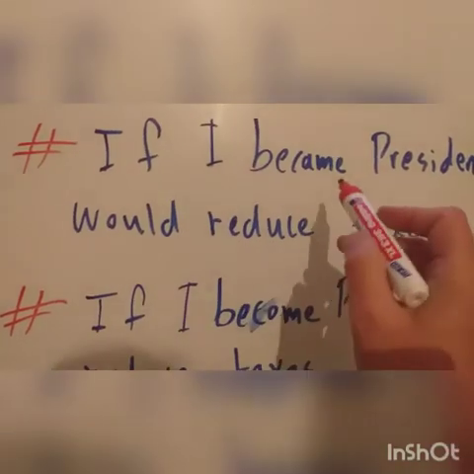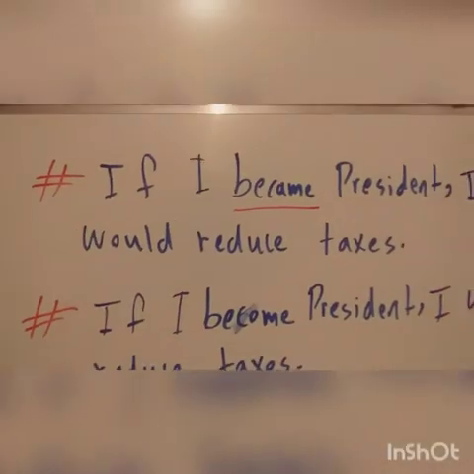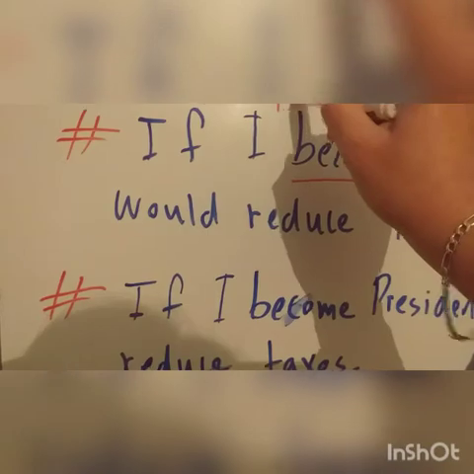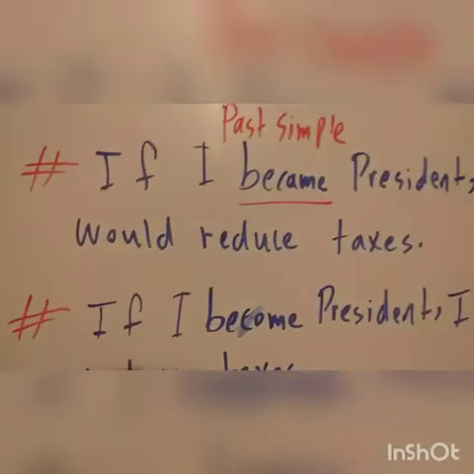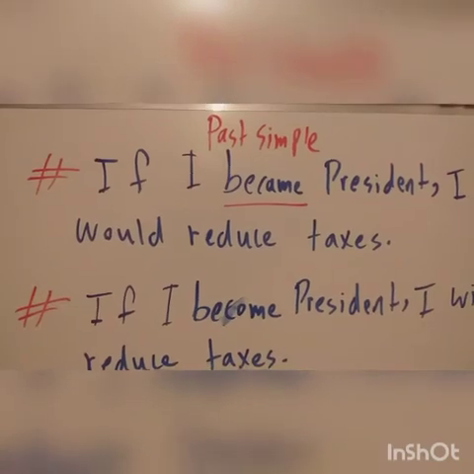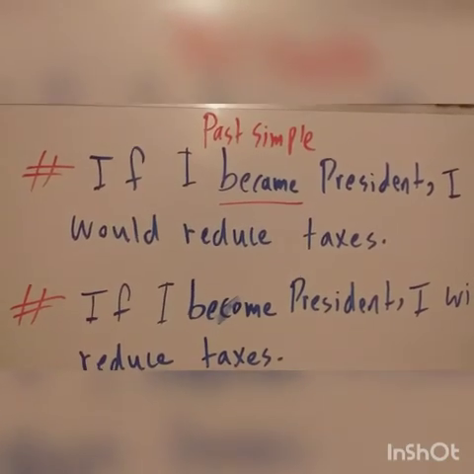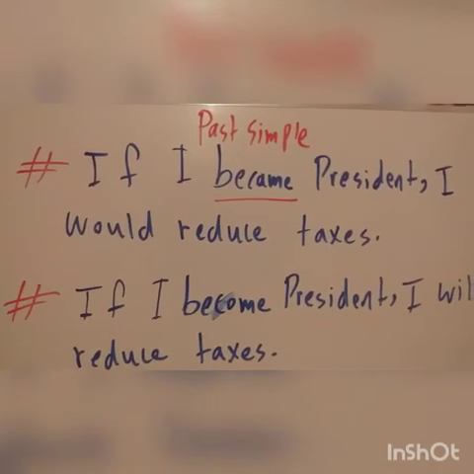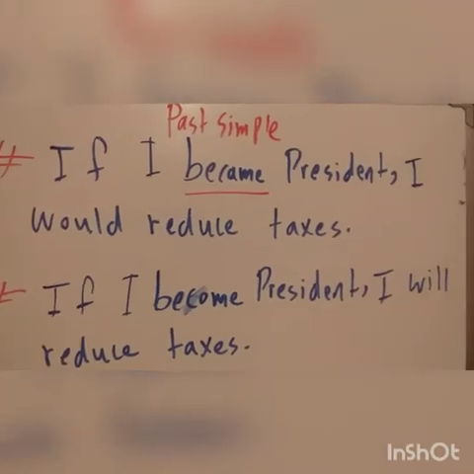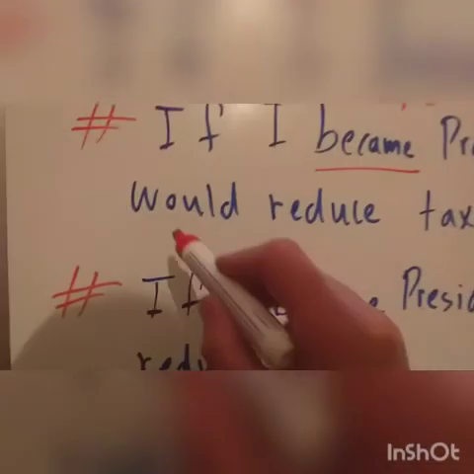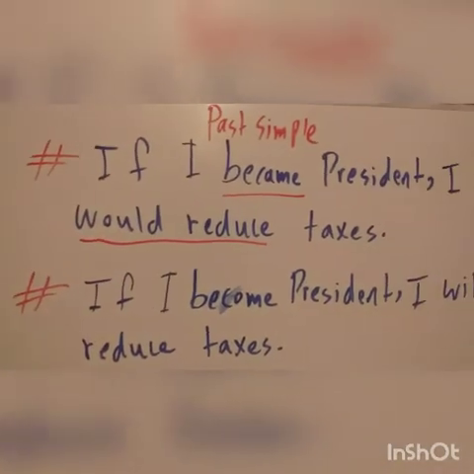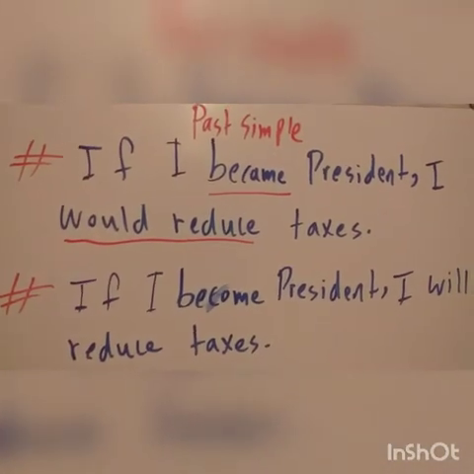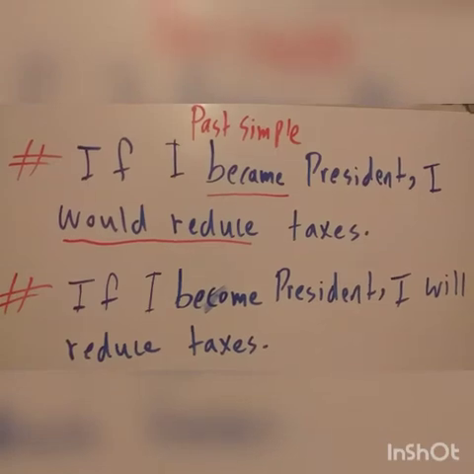If I became, so here we have used the past simple tense to indicate a distance from reality, or to imagine, or to dream about the future. I would reduce, and here's would, and the infinitive form of the main verb.